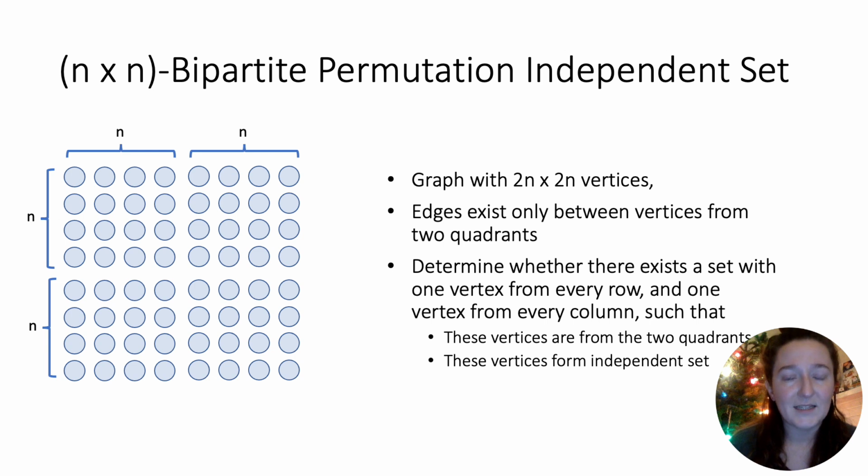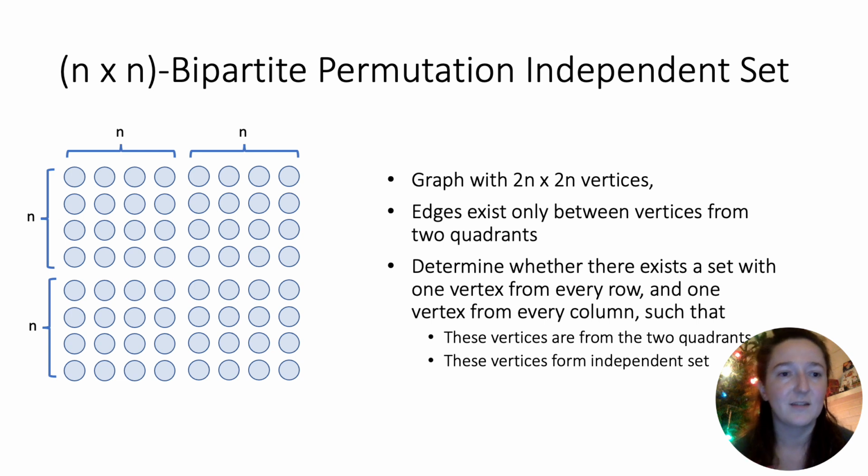So now some intuition about this bipartite permutation-independent set problem. Its definition is complicated, but I think it's very helpful to understand it, to understand the hardness reduction and why this problem is so helpful in the reduction. This is a graph problem.